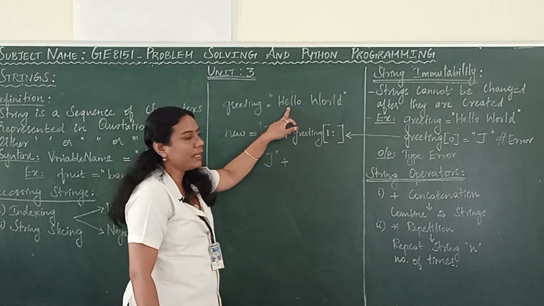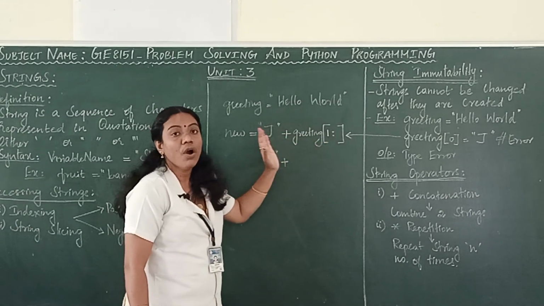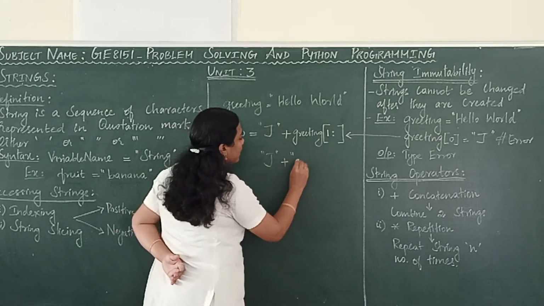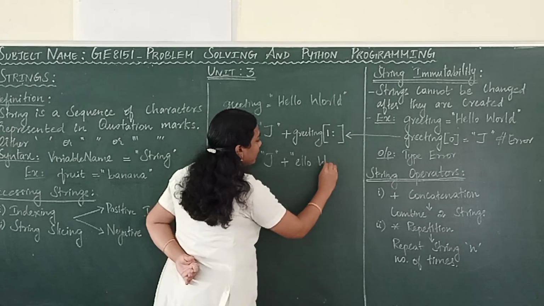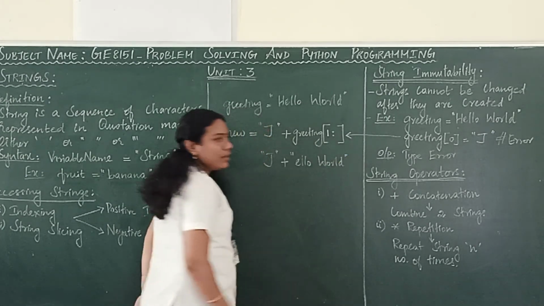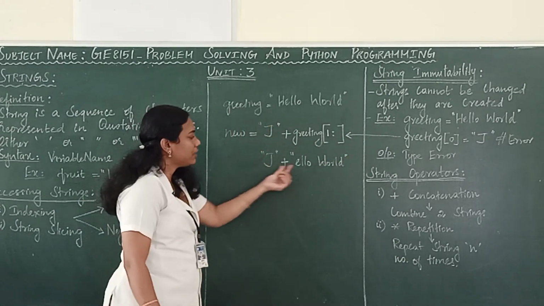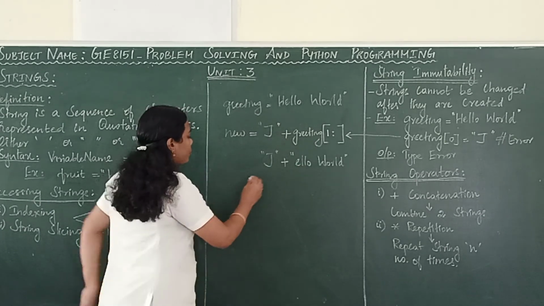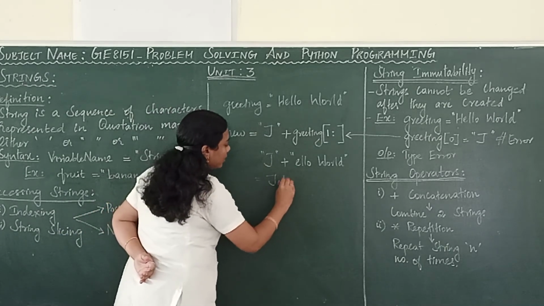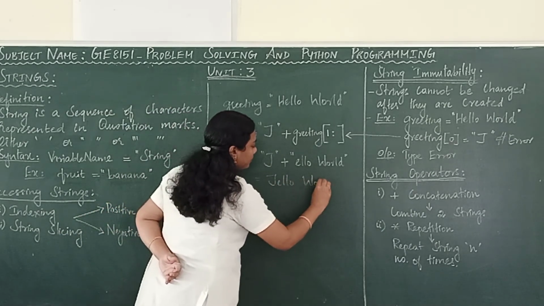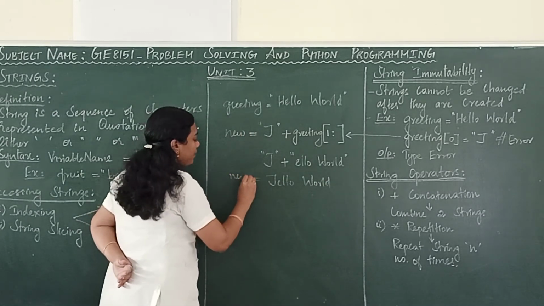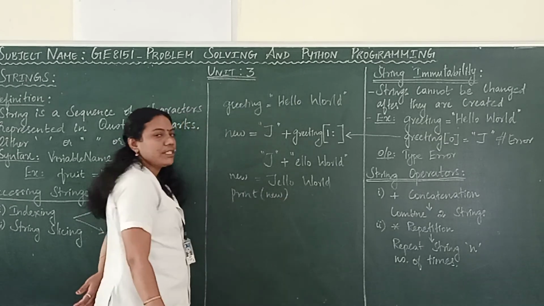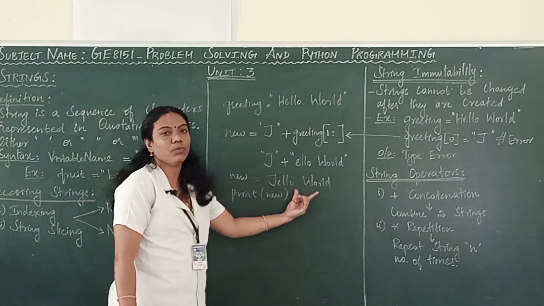From this position the ending position is not given, so all the remaining characters will be sliced, giving the string ello followed by the word world. What is the use of the plus operator between these two strings? It does the joining or combining operation. So finally you will have the word jello world in the variable new. If I print new, I will get the modified string, jello world.